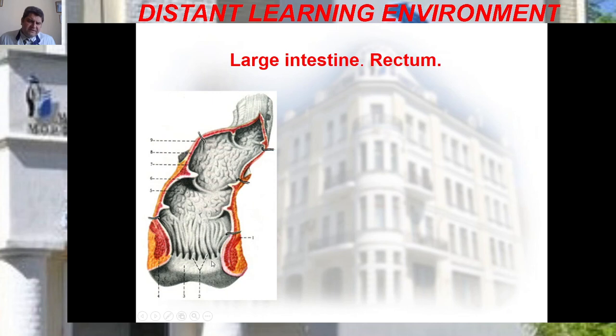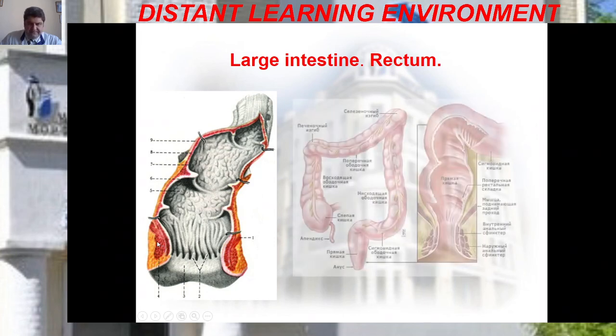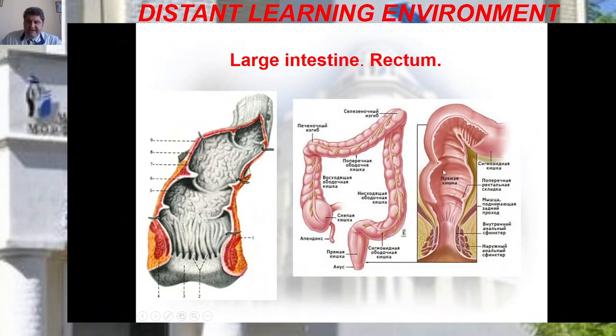This is the border between skin and mucous tunic, and also the medial part of the wall of the rectum is formed by smooth muscular cells. These form the internal sphincter, and the external sphincter is formed with striated muscles. So you can see in detail the parts of the large intestine and rectum.